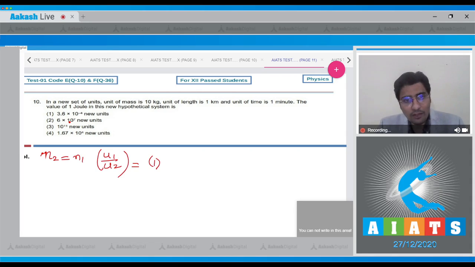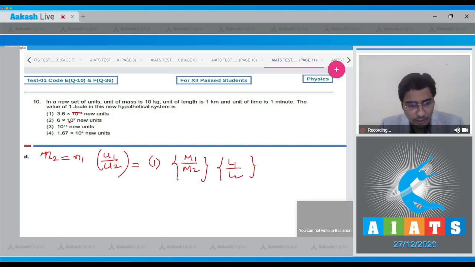So we can write down n1 as 1, and introducing the dimensions of the joule, that is energy, we get M1 by M2 into L1 by L2 to the power 2 into T1 by T2 to the power minus 2.